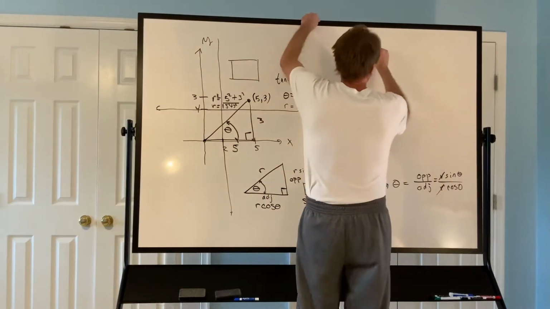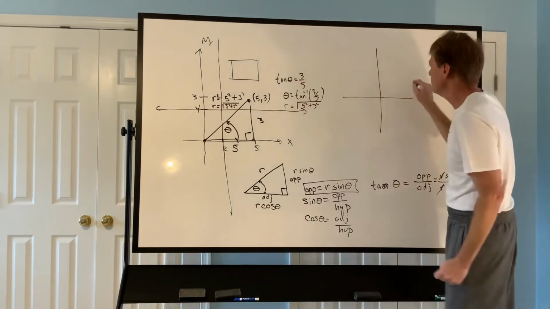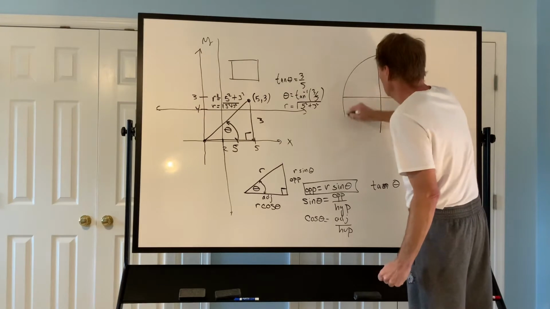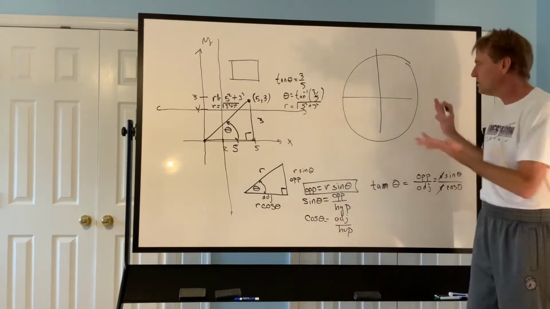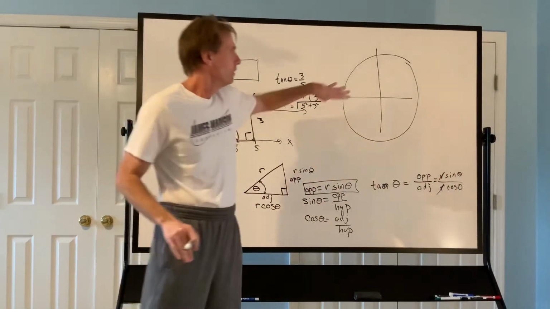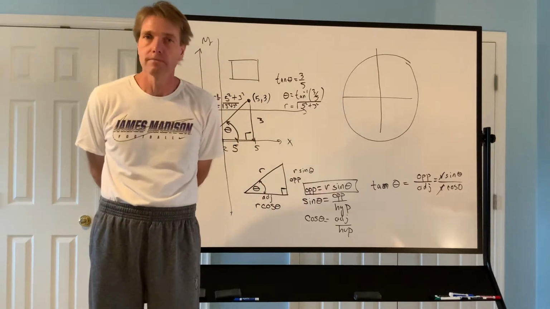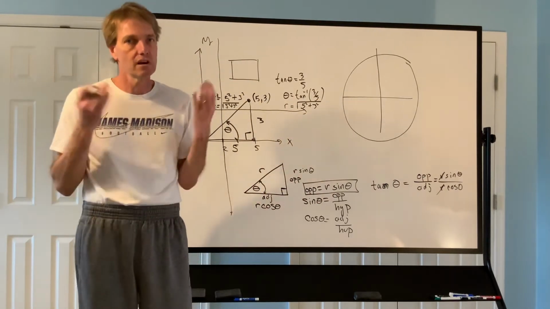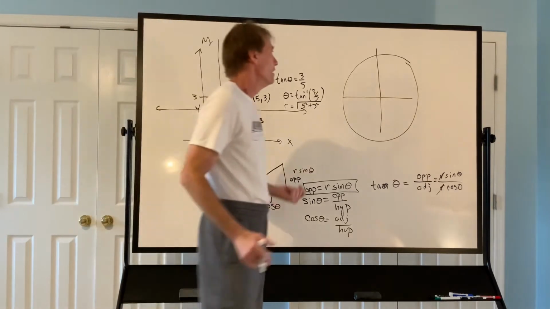And so, for example, if we have a domain that's a circle, it seems a little silly to use rectangles when there might be a better coordinate system to describe a circle. Okay, and so this leads us to the idea of polar coordinates.